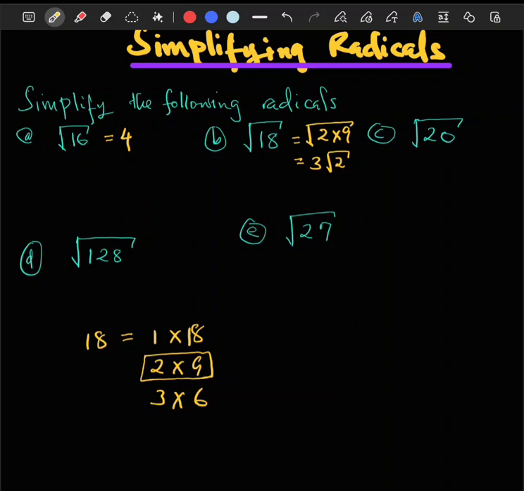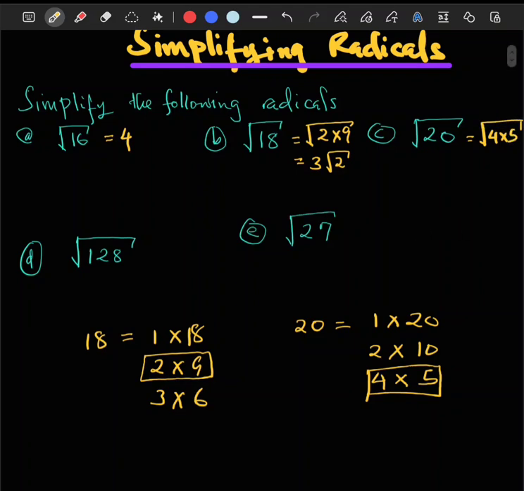When it comes to 20, also we're going to do the same thing. We're trying to write 20 as a product of at least one perfect square number with the other number. 20 can be written as 1 times 20, or 2 times 10, or 4 times 5. The only pair that has a perfect square is this one, and this is the one that we are taking. So this is going to be square root of 4 times 5.